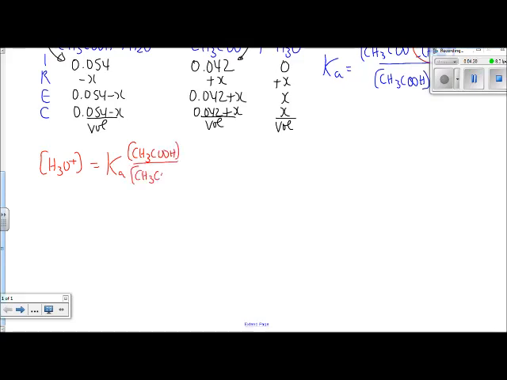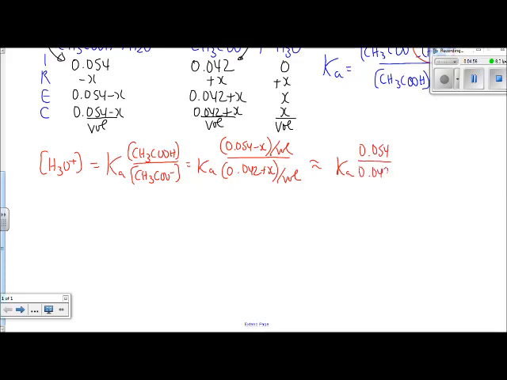Leave the Ka there for the moment. Put the numbers in for the molarity. Those come from the equilibrium concentrations we have in our IREC table. And once again, we'll get rid of those values of X in there if X is small enough to do that. So we just have 0.054 divided by 0.042.